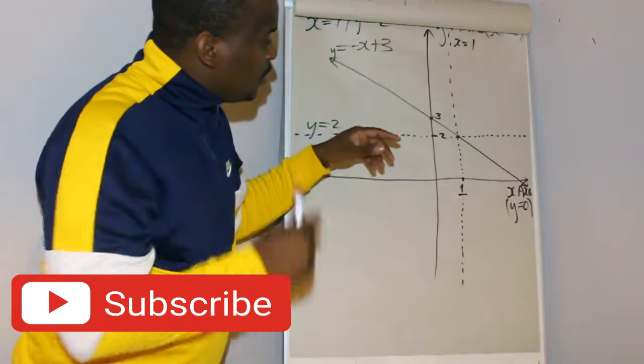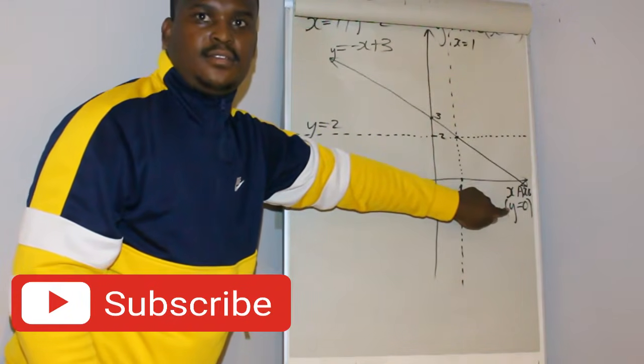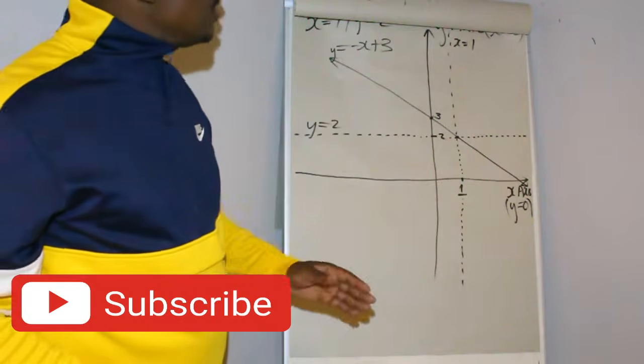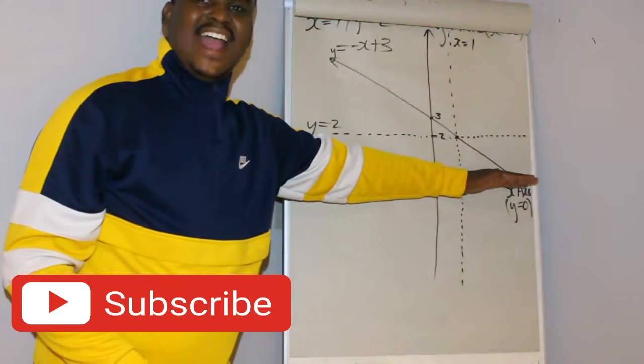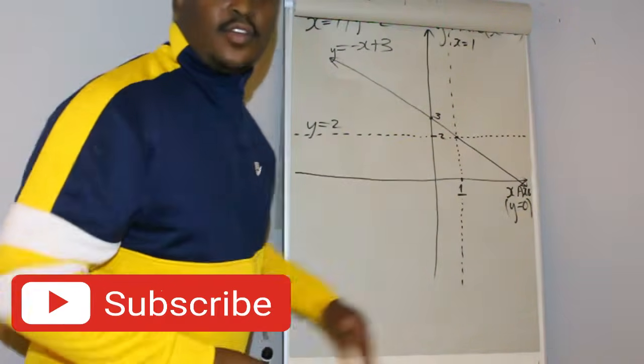As I say, it's passing along this line, and you know your y is 0 there. So before you even continue, you say, okay, it's cutting on the x-axis, so I know for sure y is 0 there.